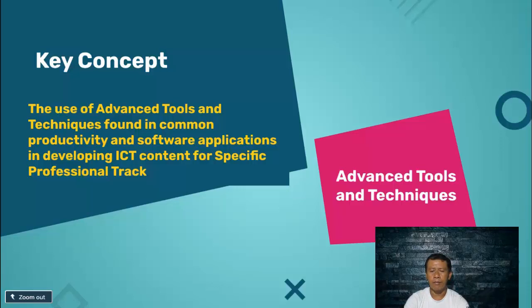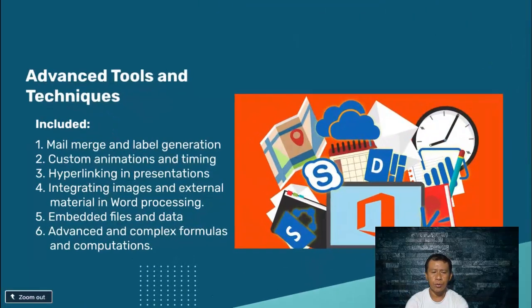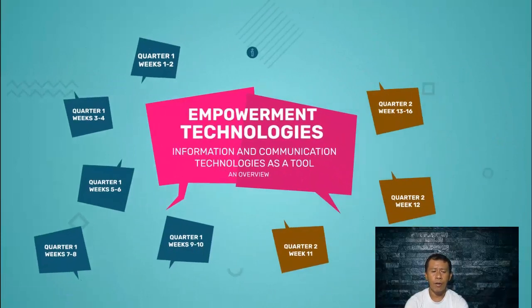We will tackle the advanced tools in the 3rd and 4th week, and it's all about the office applications and some other applications and tools that we can use, especially mail merge and label generation, custom animation and timing, hyperlinking, and integrating images and external materials in word processing, how to embed files and data, and of course advanced complex computations. That is for weeks 3 and 4 of the first quarter.